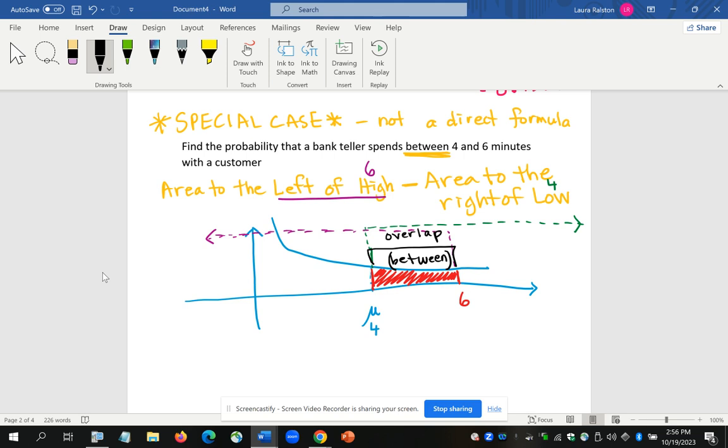Okay, so I'm going to first do the probability that x is less than 6. That's left of the high. The formula for doing left is 1 minus e to the negative mx.